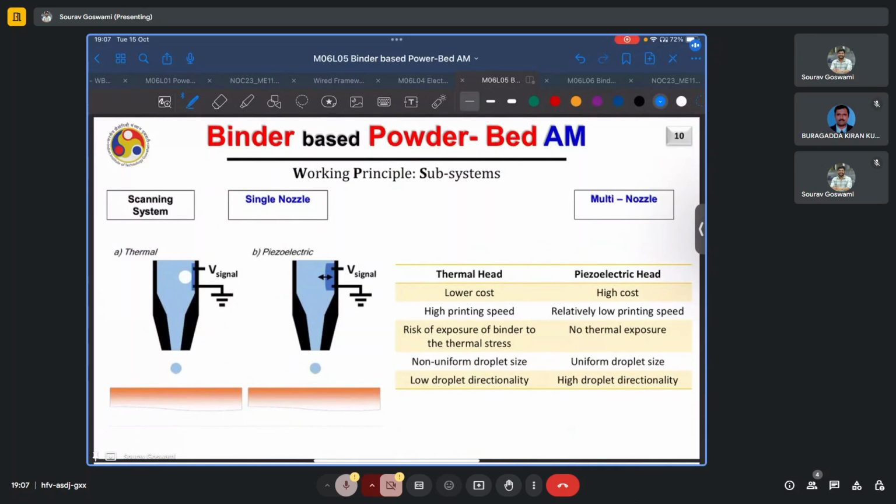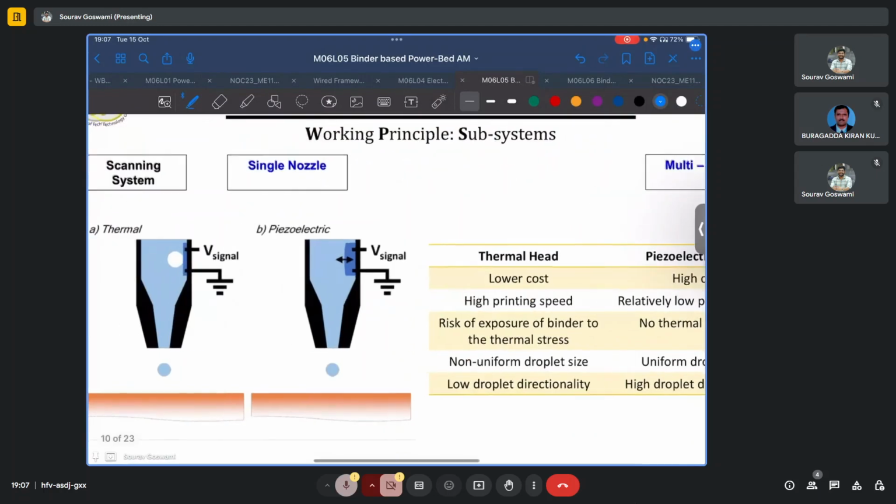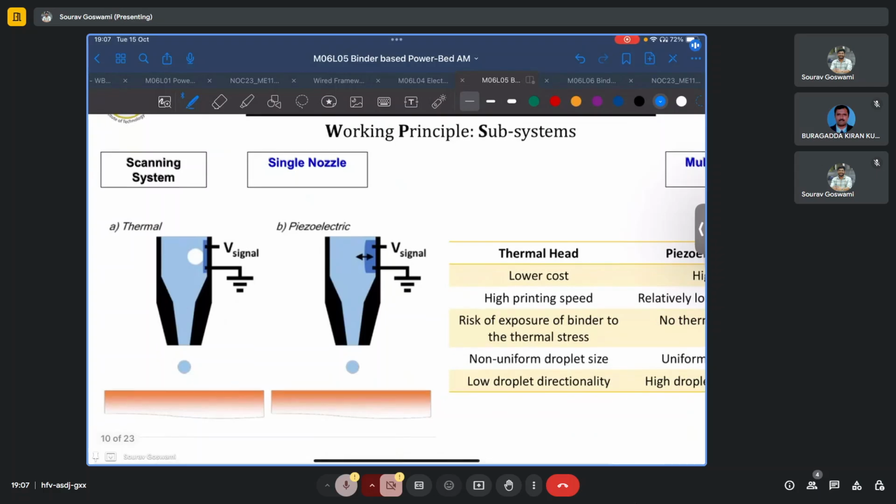But how is this drop on demand phenomenon achieved? So there can be two ways. They can either be achieved by thermal means, in which case you have this plate.